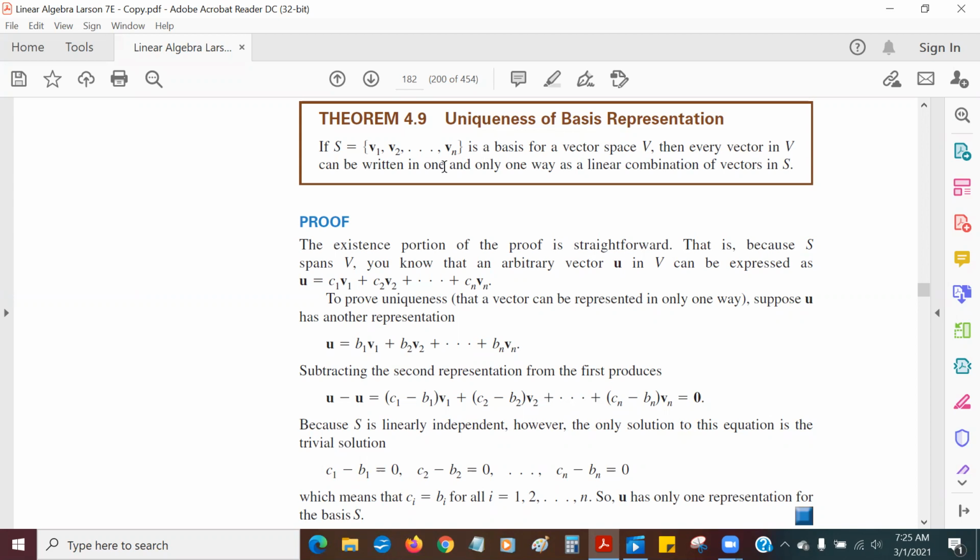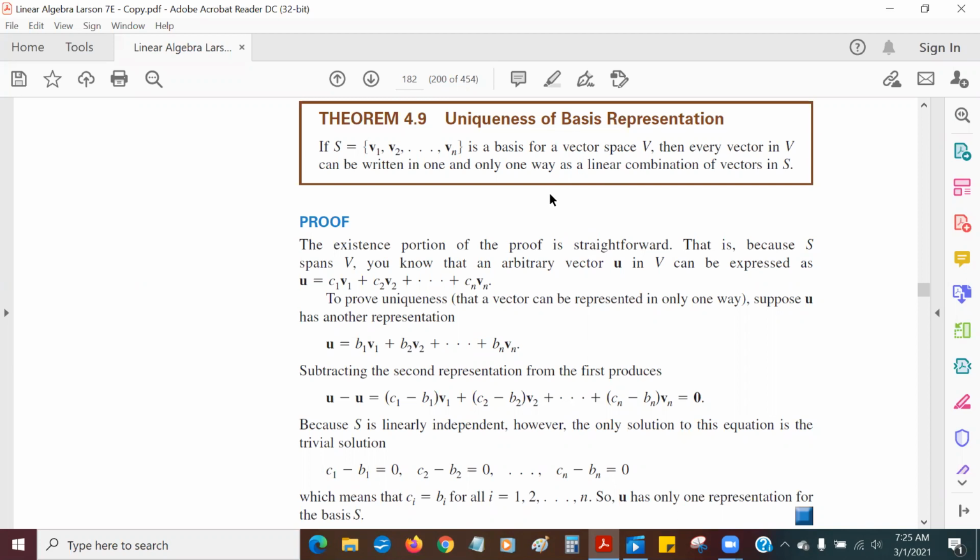Uniqueness doesn't mean there's only one basis. It means that for any particular basis that I choose, when I express a vector as a linear combination of the vectors from this basis, there will be only one way to do that.